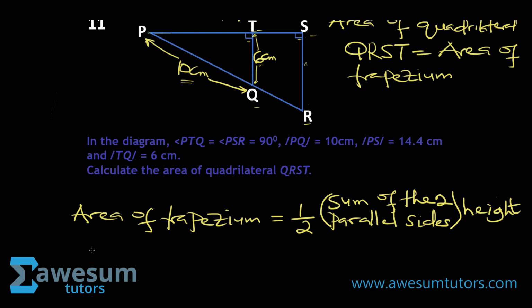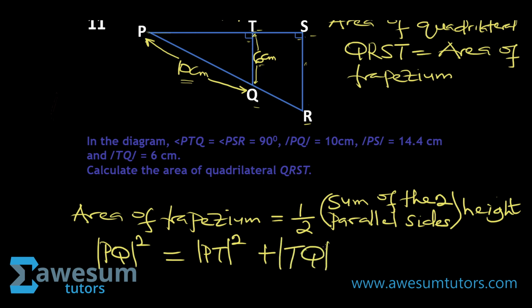Using Pythagoras theorem, I will have line PQ squared equals, that's the hypotenuse, line PT squared plus line TQ squared. Line PQ is 10 centimeters and TQ is 6 centimeters.